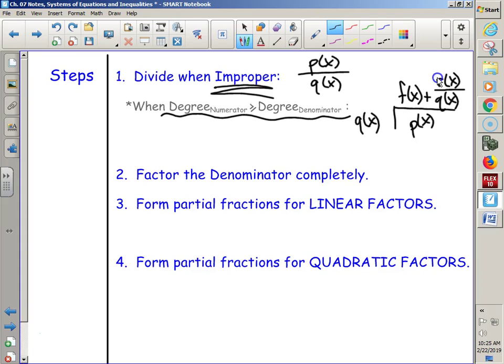Remainder over that outside piece. So we're looking for any whole pieces, like you do with an improper fraction. Look for any whole numbers and then what's left over. Same thing with division. Look for any whole numbers or whole expressions or whole polynomials, and then the remainder left over. And here's the point of partial fractions. We're taking a part and we're breaking that part down into its easier parts. Do long division.